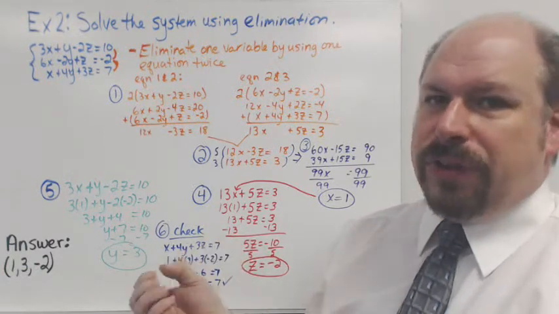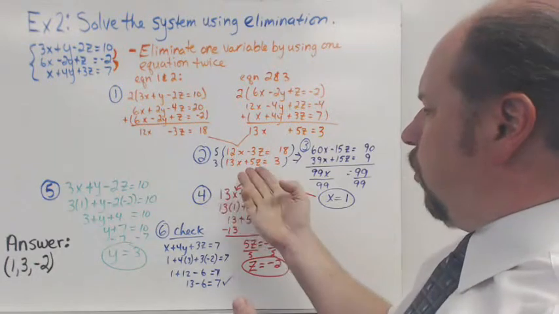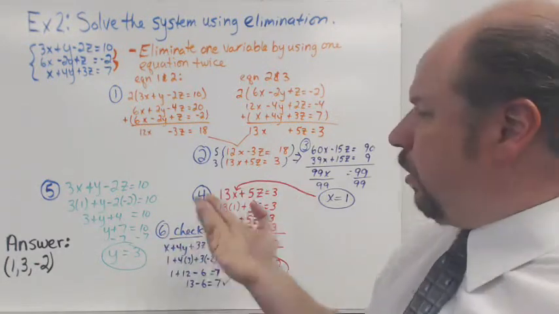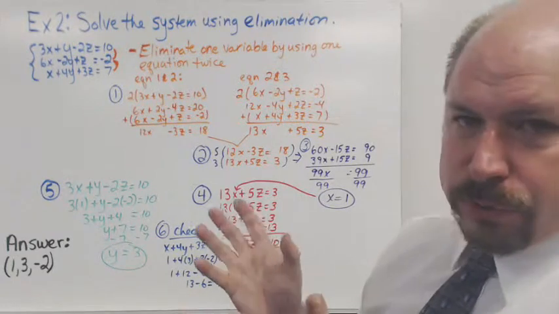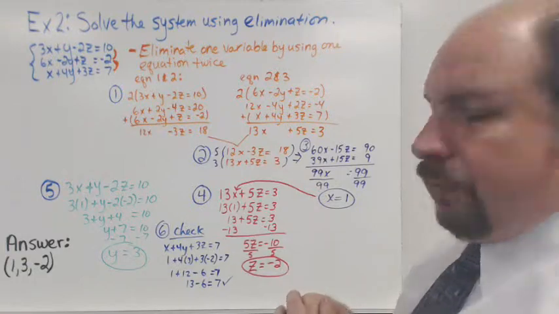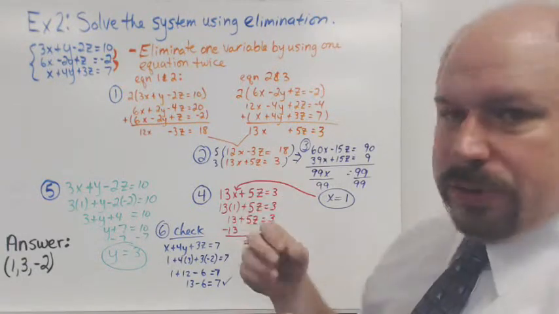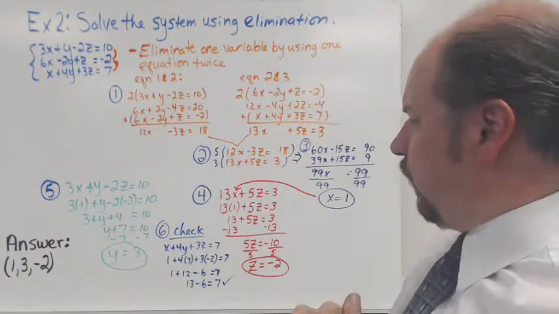So now it's kind of like a problem that we have done earlier on. We could multiply this one by 13 and this one by 12 if we wanted, but the numbers are going to get a little big. So let's multiply this one by 5 and this one by 3 so that they both end up being 15, and we can eliminate the z variable this time.